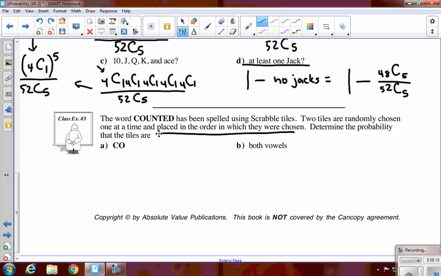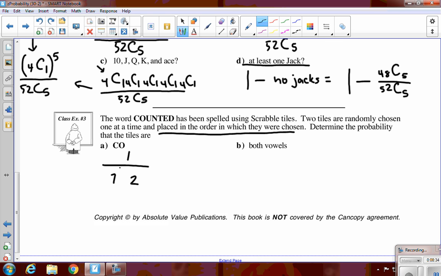Okay, order is important. There's only one way that these can come out being CO. You pick the first one, it's a C. You pick the second one, it's an O. So there's one way. What's the total number of ways that I can actually take 2 tiles out of the word counted? How many letters in counted? 7, and I'm taking 2, but it said order is important.